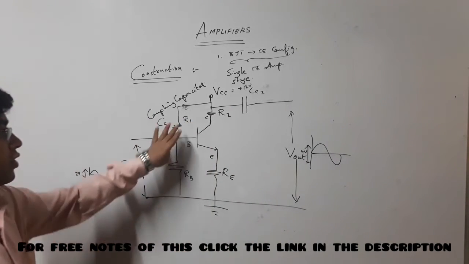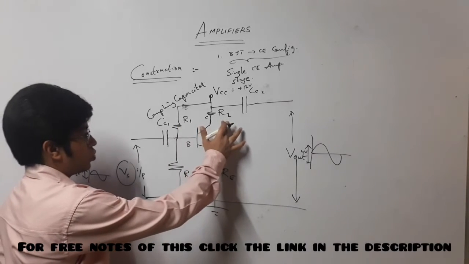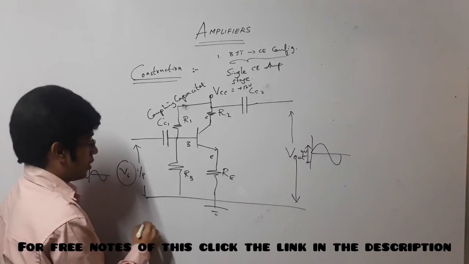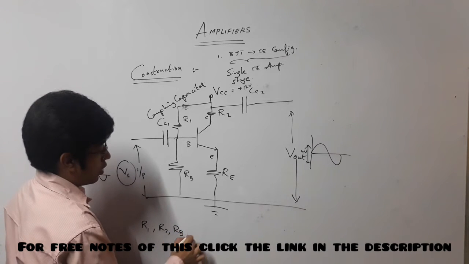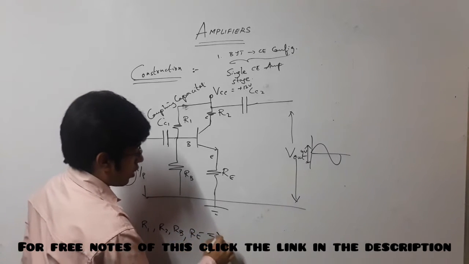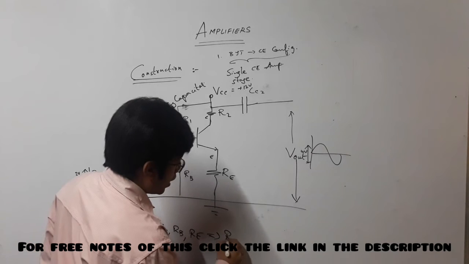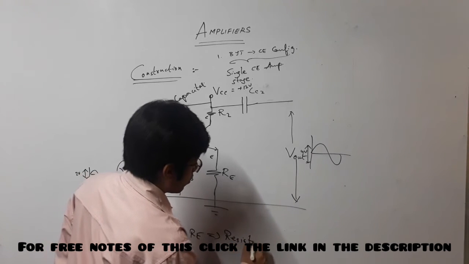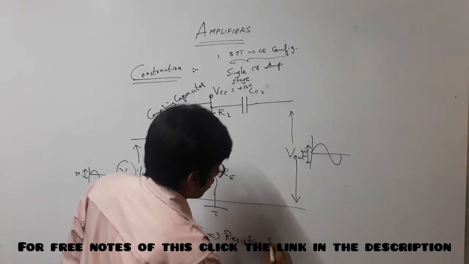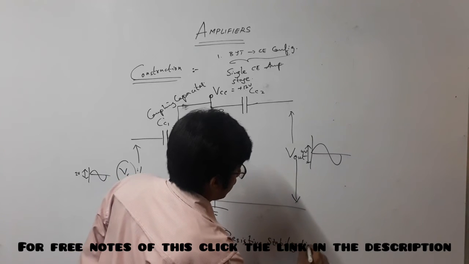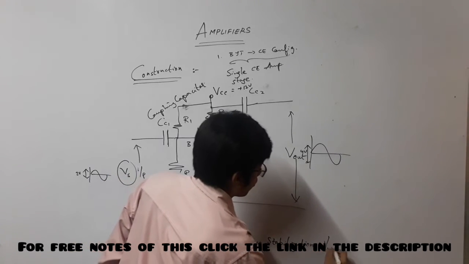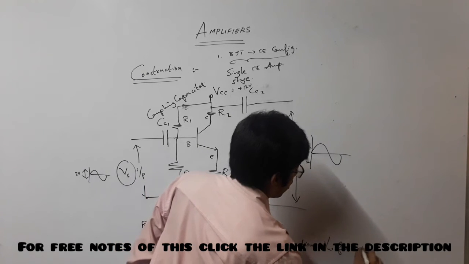So these resistors R1, R2, RB and RE are forming the resistive stabilization network for the amplifier.